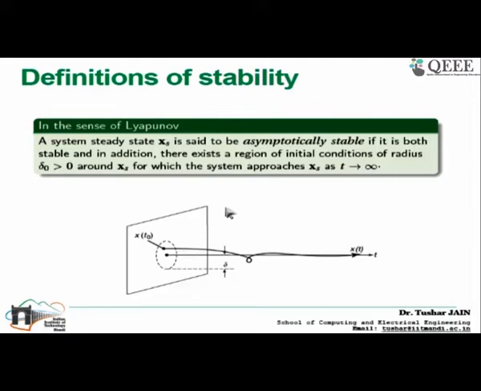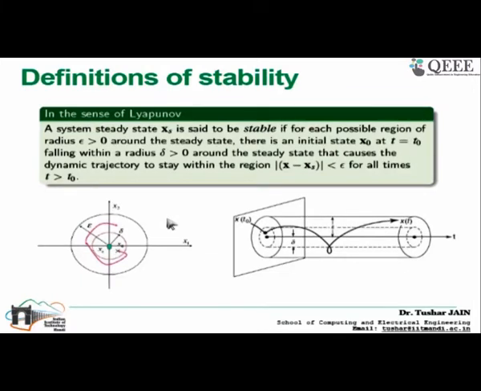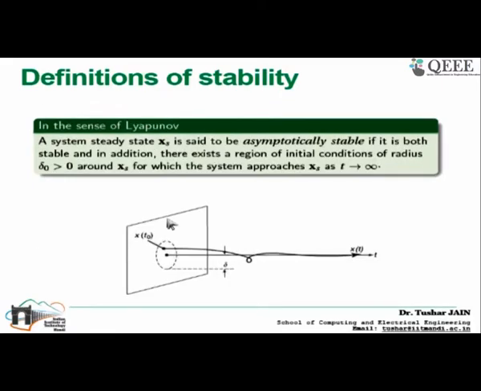So you see the difference between stability and asymptotic stability. Stability says that you will stay within that region. It does not guarantee that you will reach the steady state. It says that you would stay around that steady state. Asymptotically stable says that you will reach the steady state.